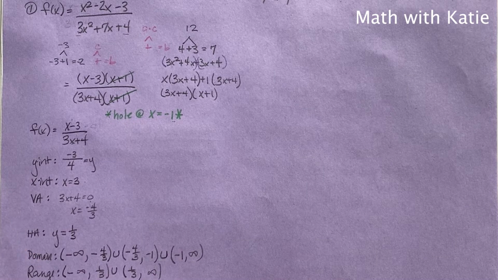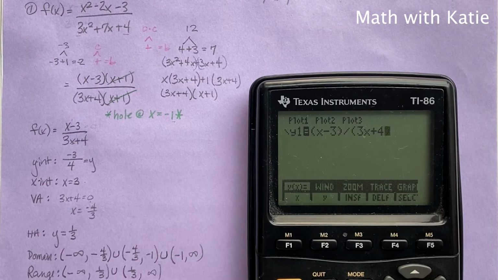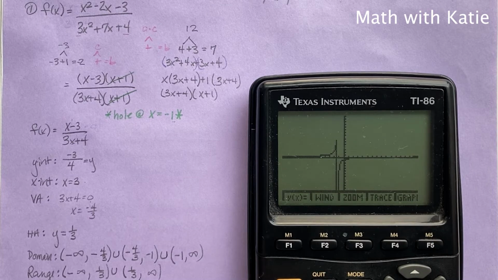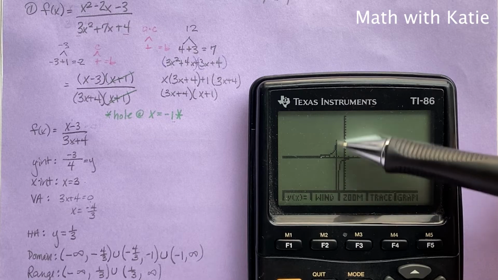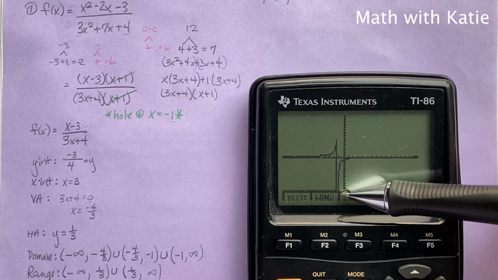Okay, now we're going to grab our calculator and double check. Okay, so now let's double check our domain and range. Now your calculator is probably newer than mine, so it's not going to show you this vertical asymptote line right here.